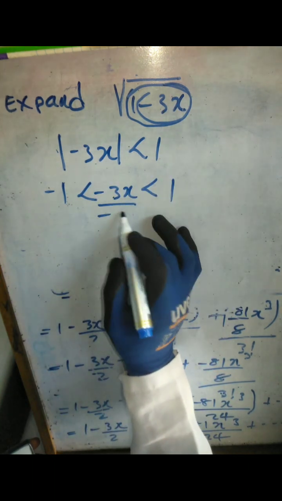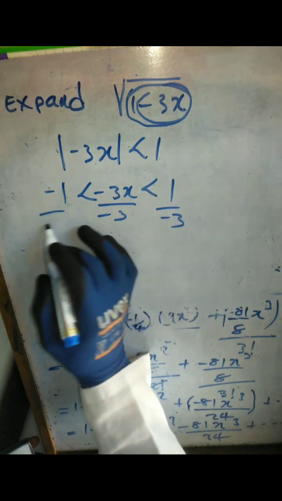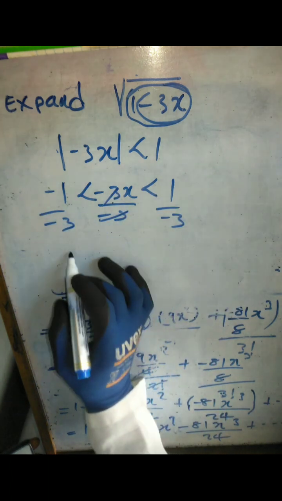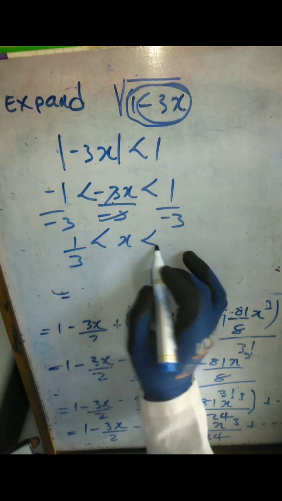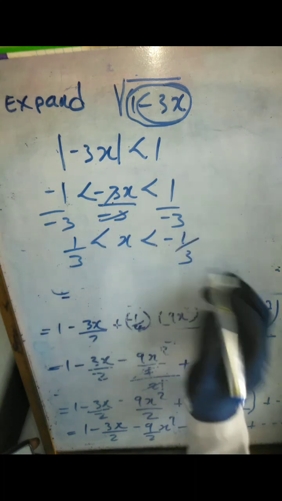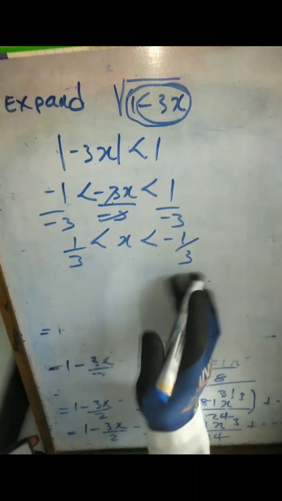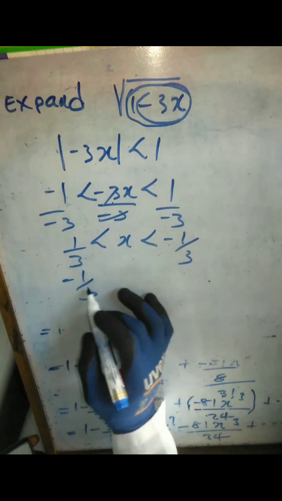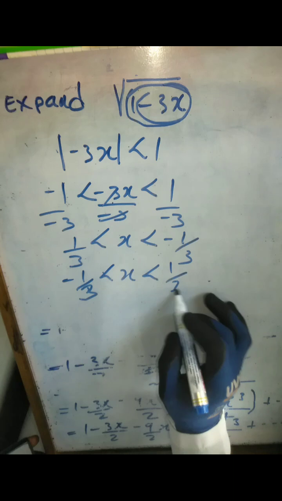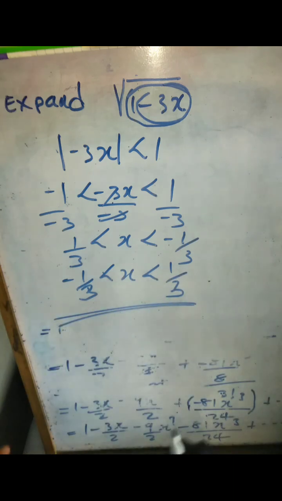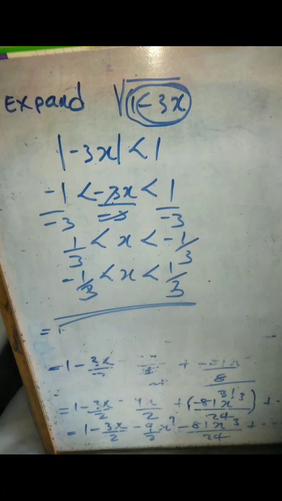Then divide both sides by negative 3. So this cancels, negative negative is positive. 1 over 3 should be less than x, then negative 1 over 3. Then just change it, the smaller one in front: negative 1 over 3 is less than x, and positive 1 over 3 is greater than x. That's its validity. Then you are done. So that's how you expand, and that's how you deal with binomial expansion.